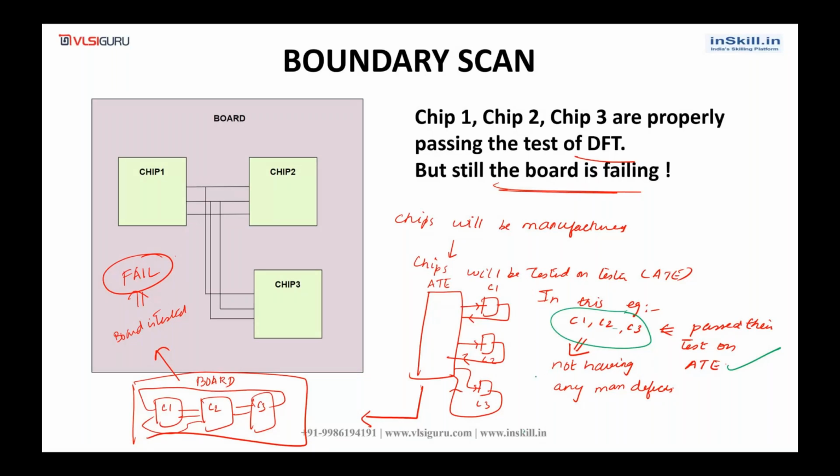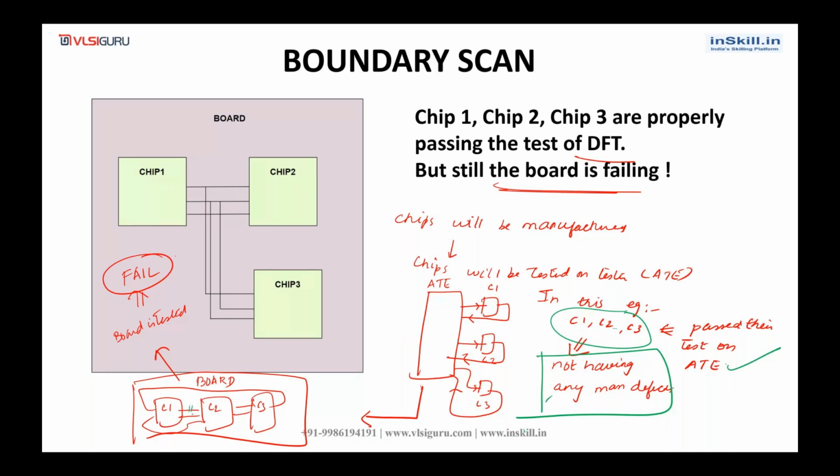So chip 1, chip 2, chip 3, they are not having any manufacturing defect, that we are sure. Now when the chips are placed on the board and the board is being tested, it is failing. So why is it failing? It is because there can be some problem, manufacturing defects, in the interconnection between the chips.